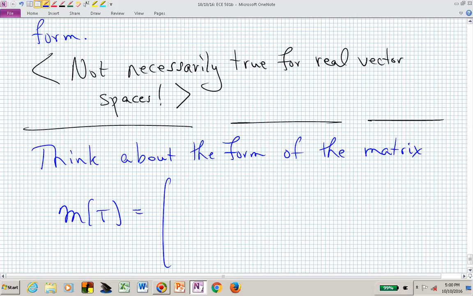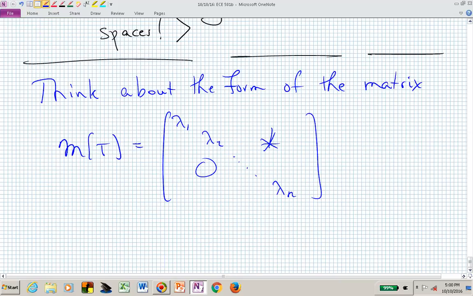That says that this matrix representation now has a representation that is upper triangular.